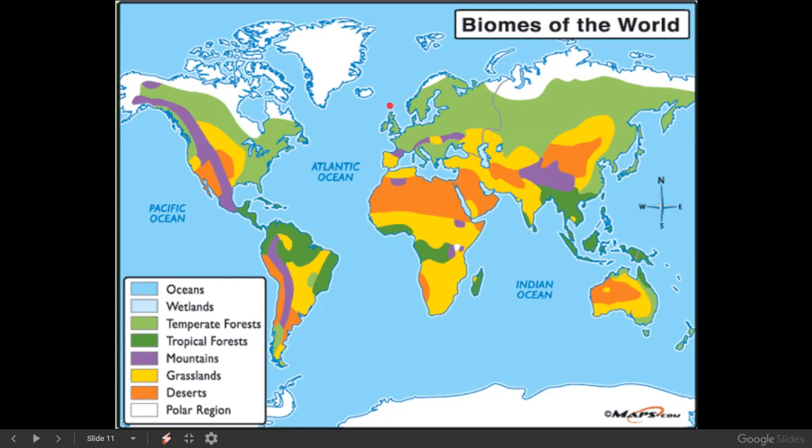You would also see very similar plants in any of these regions. So some desert plants might not be identical, but they'll have very similar characteristics seen in the deserts here compared to the deserts here. You would expect to see the same sorts of adaptations and ways of being able to survive in that environment.